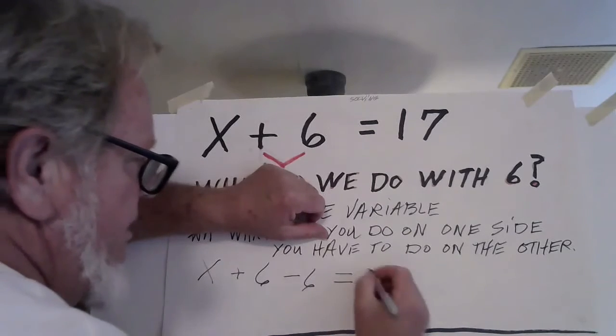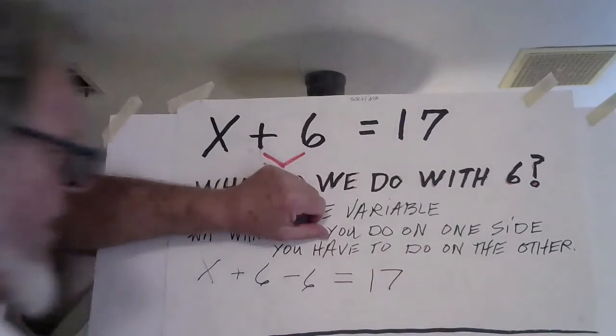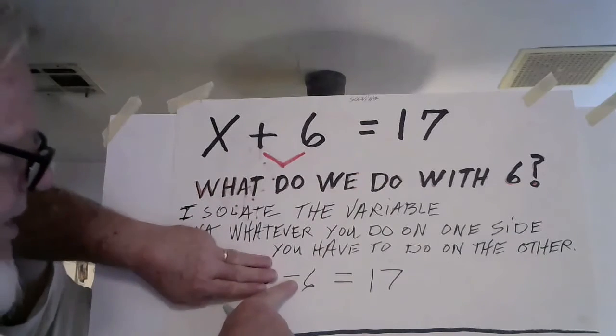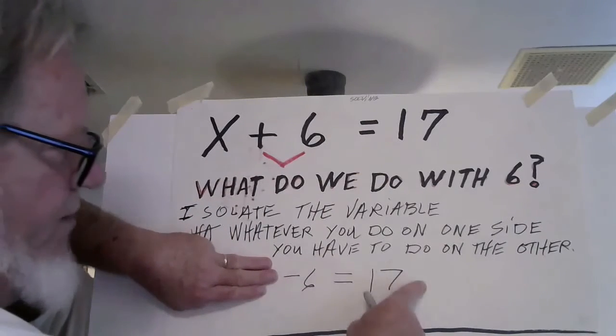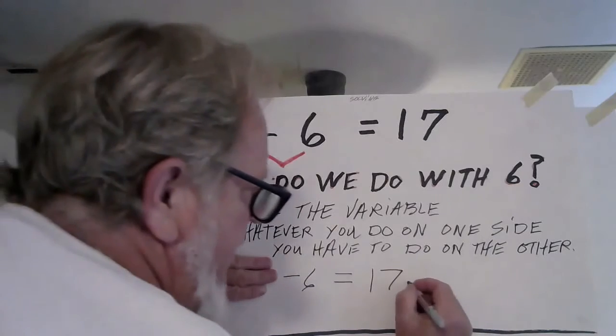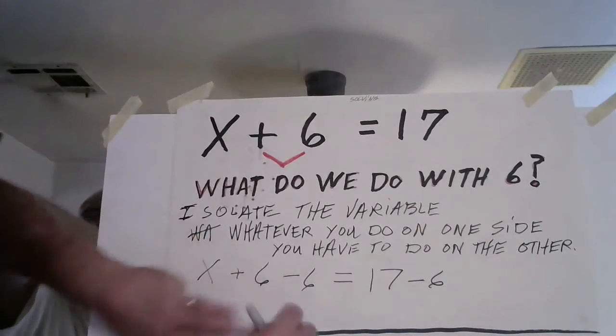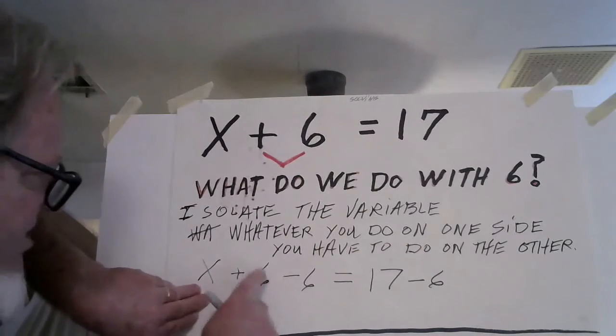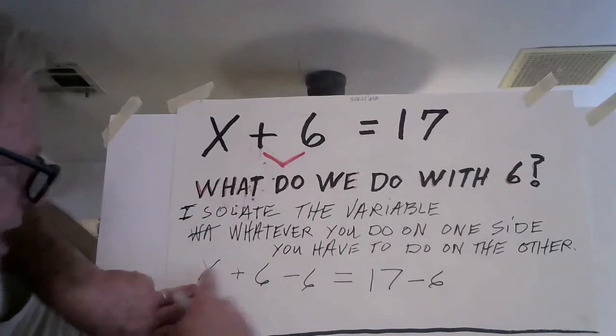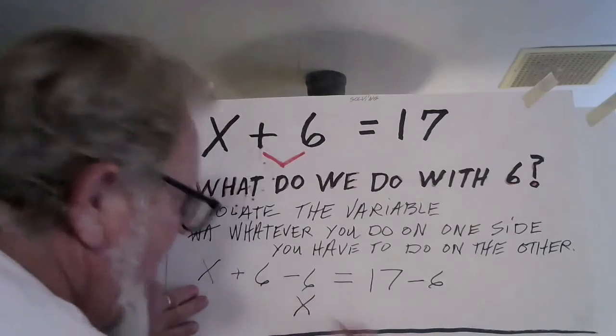Now I did a minus 6 over here, so I have to do a minus 6 over here. Minus 6. Now 6 minus 6 is 0. So now I just have the x on one side equals 17 minus 6, which is 11.